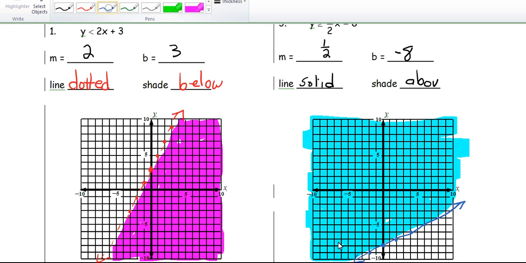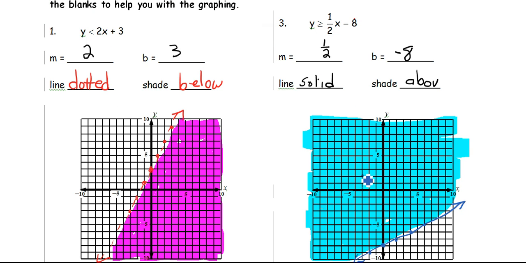I could pick, if I wanted to, I could come over here and I could pick -3, 2. If I wanted to pick -3, 2, I could rewrite this. The 2 is the y value, is greater than 1/2 times -3 minus 8.